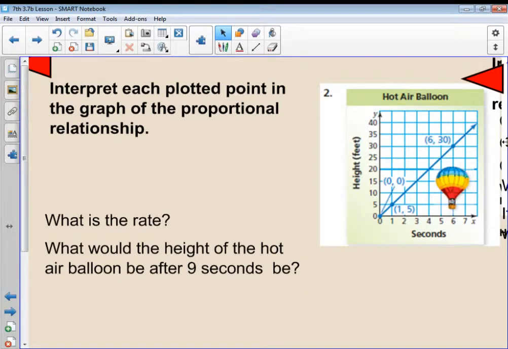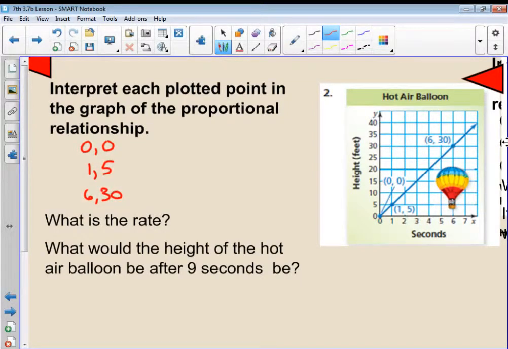Okay, so here I've got a hot air balloon. So my points are 0, 0, and 1 comma 5, and 6 comma 30. And let's see, I like to always use the one that's furthest out just because there's most space. So my 6 is seconds, and my 30 is feet. So here at 6 seconds, I'm 30 feet high.